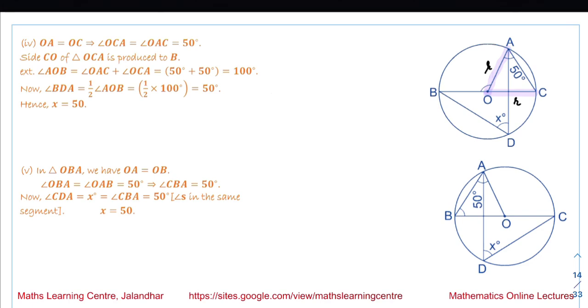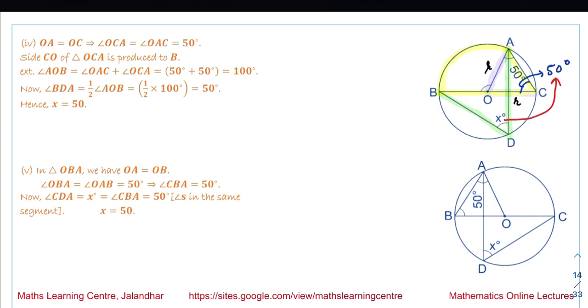So if this angle at A is 50 degrees, then this angle at C will be 50 degrees. Now this angle at C, we are talking about the BCA angle, this is on this particular arc, and on this AB we can draw the angle like this, so the value of this X is 50 degrees.